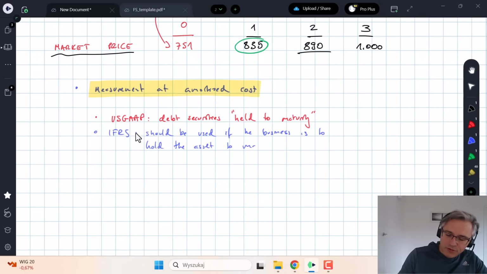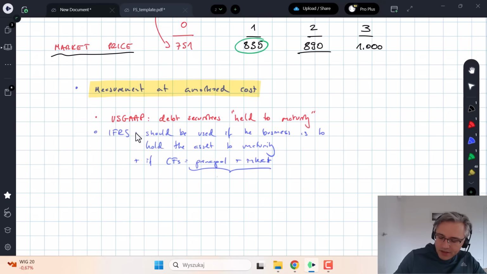At least this is what your book says. I'm not sure if IFRS really uses this term. But if the cash flows from the asset are all about collecting principal and interest, which is going to be the case with most debt instruments, and you intend to hold the asset and just collect the principal and interest on scheduled dates.